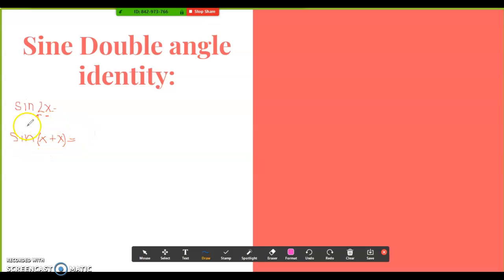So I know that sine of x plus x is going to be equal to the sine of x times the cosine of x plus the cosine of x times the sine of x.